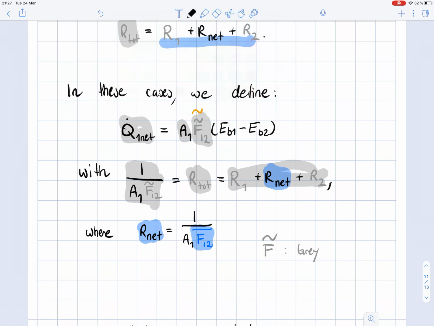And if you see this one, this is for black bodies. And of course, as always, people tend to forget what notation means when you read things in books, so make sure that you are using the correct effective view factor. If not, you will get some nasty surprises.